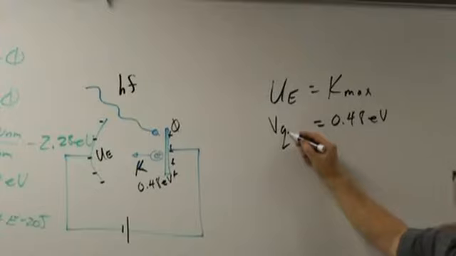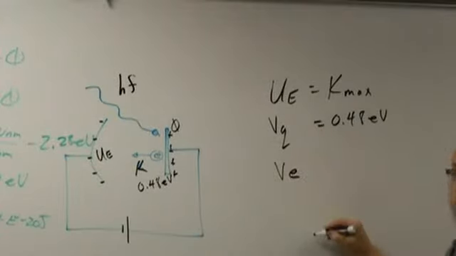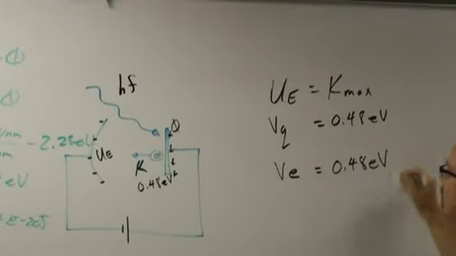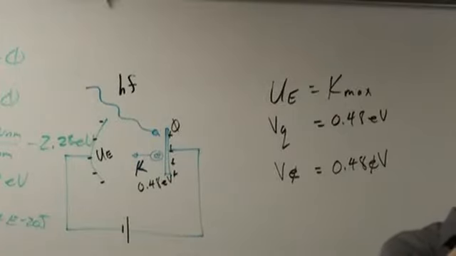And my Q is 1 electron, an e. So how many volts do I need? 0.48 volts. Do we have to show that on the graph? No, you don't really. So you can just say.